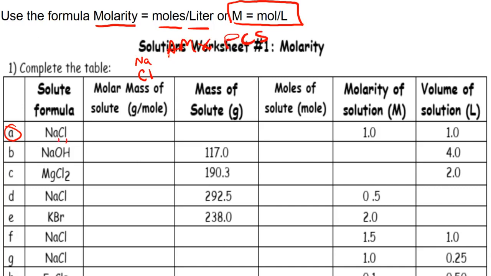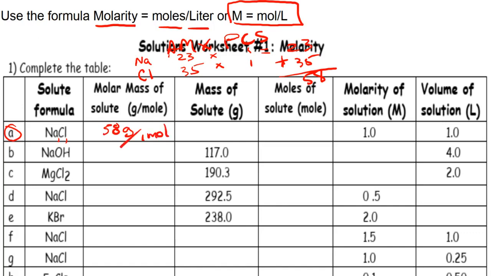Na is 23, and the molar mass of chlorine is 35, times 1 times 1, equals 23 plus 35. Add those together, it equals 58. Our molar mass would be 58 grams per 1 mole.